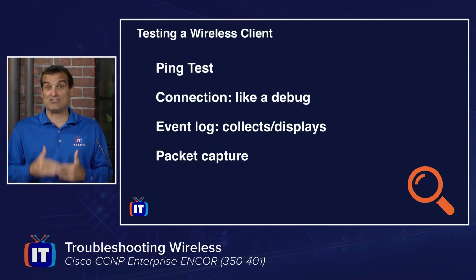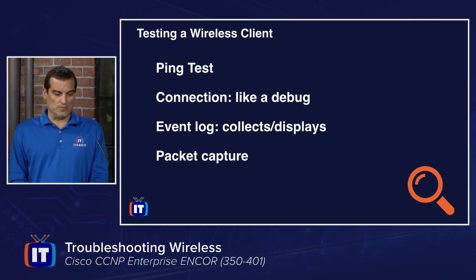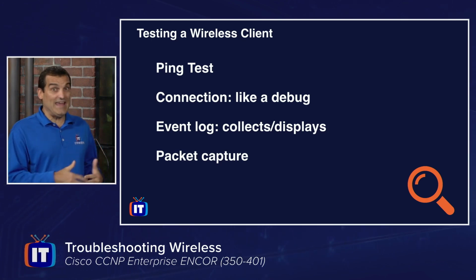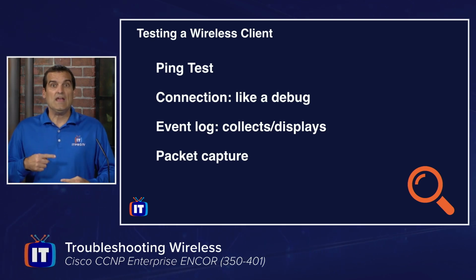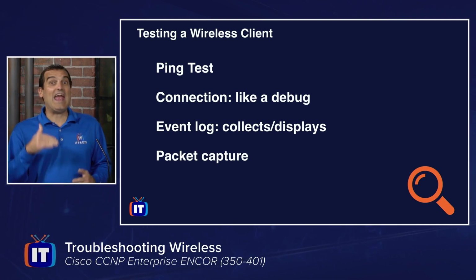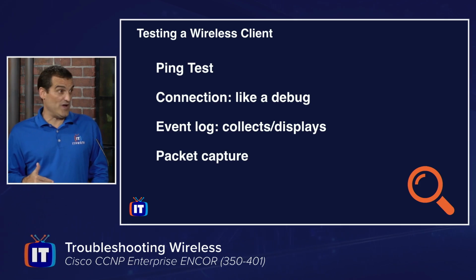So sure enough, it starts right there. Nice automated tool for you to be able to ping. The next one takes it a step up and is very much like a debug, Ronnie. What they'll do is run a connection test against the client, and they'll show you debug output, basically, of every step of that process.